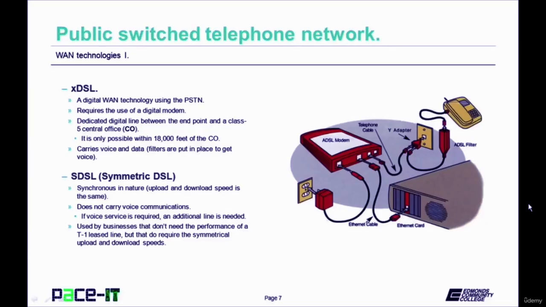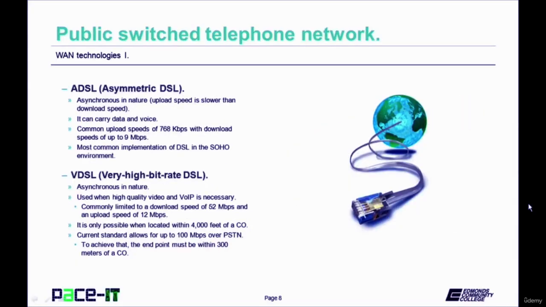SDSL is used by businesses that don't quite need the performance of a T1 leased line, but they do require the symmetrical upload and download speeds. More common than SDSL is ADSL, or asymmetric DSL. It's asynchronous in nature. That means that the upload speed is slower than the download speed.